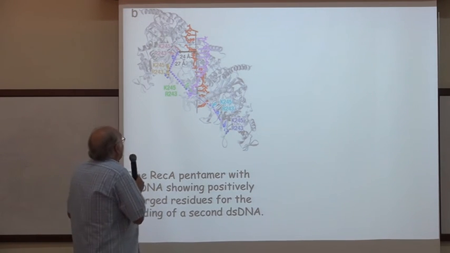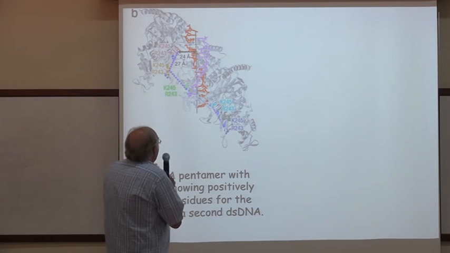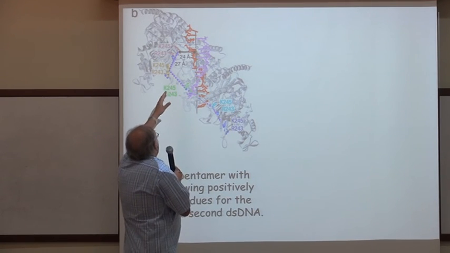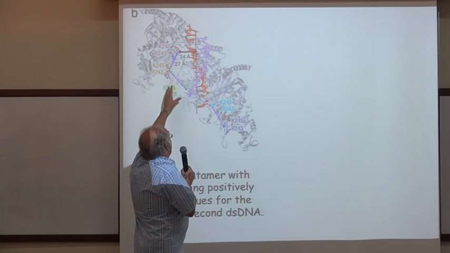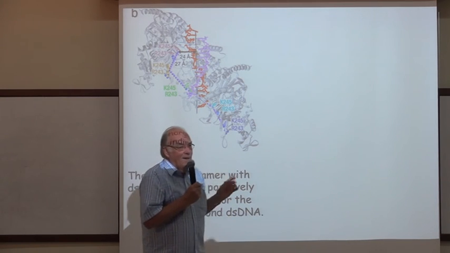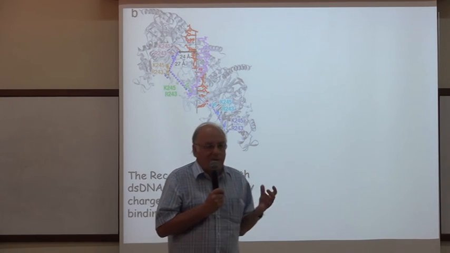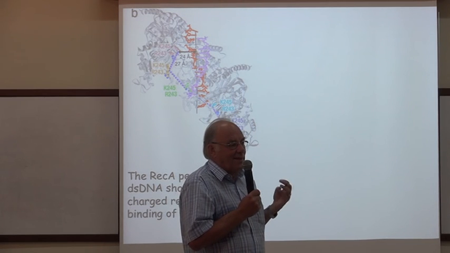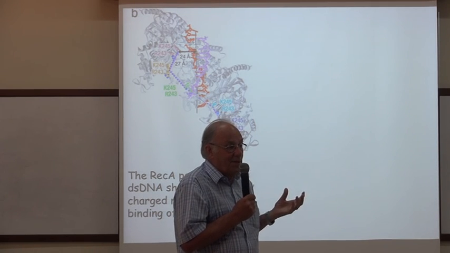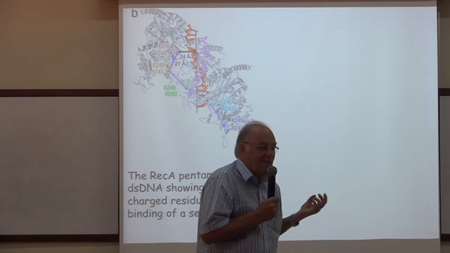But now, there are some further, the whole patch, large patch of positive charges here. And of course, positive charges there would be expected to bind something negatively charged. And DNA is negatively charged.